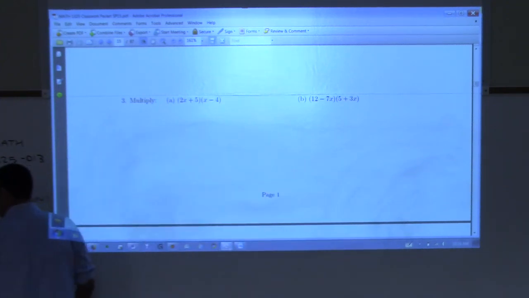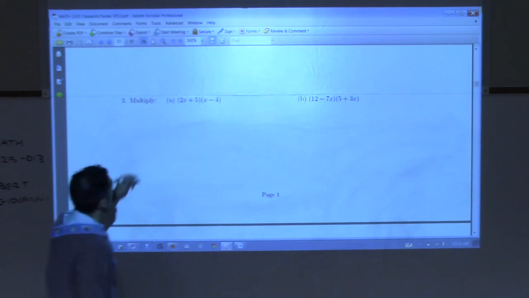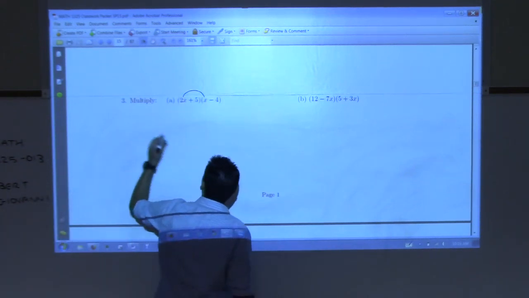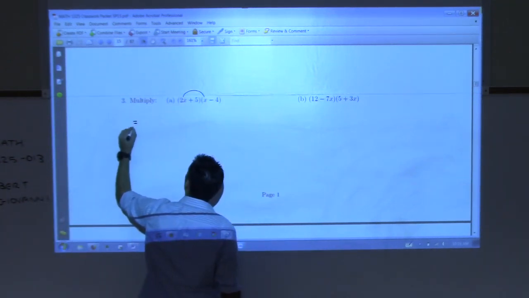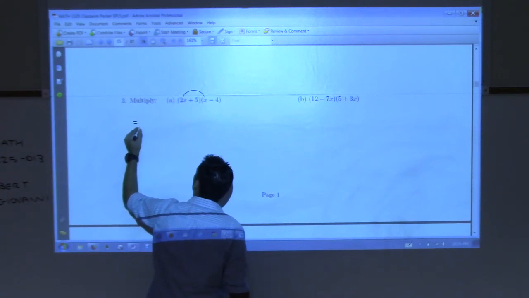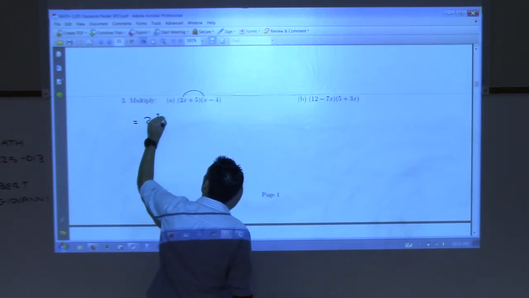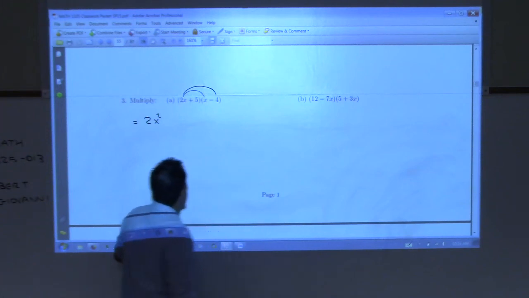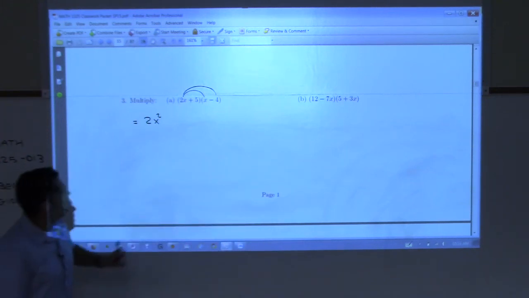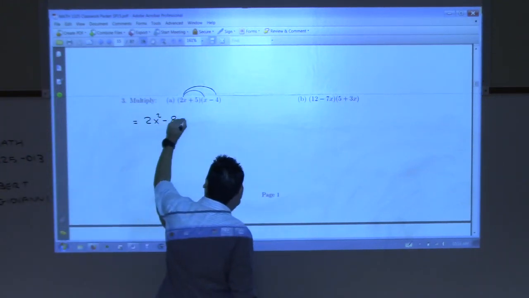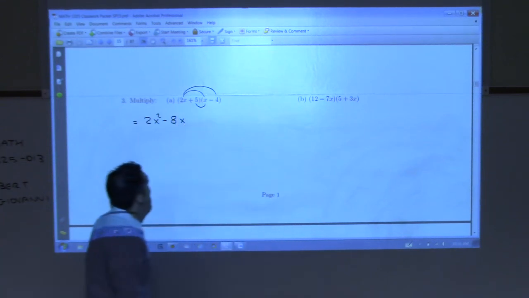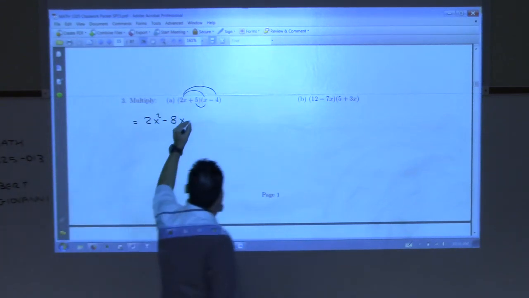Okay, so you FOIL this out. You're going to multiply 2x times x, which would be what? 2x squared. And then you're going to multiply 2x times negative 4, negative 8x. Then the next middle or inside term, 5x.